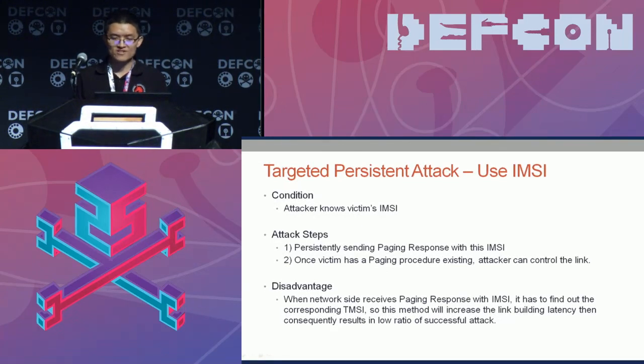Because when the network side receives paging requests with IMC, it needs time to look up the corresponding TMC in the network, which increases the link setup latency. But the victim will directly send a legal paging response with TMC and set up the link quicker than us, while the network is still looking up the TMC with our IMC.